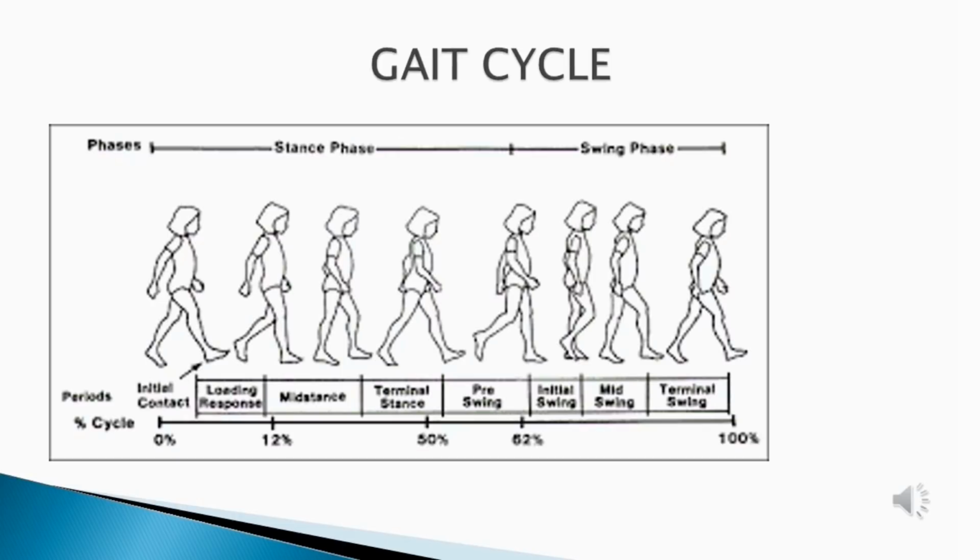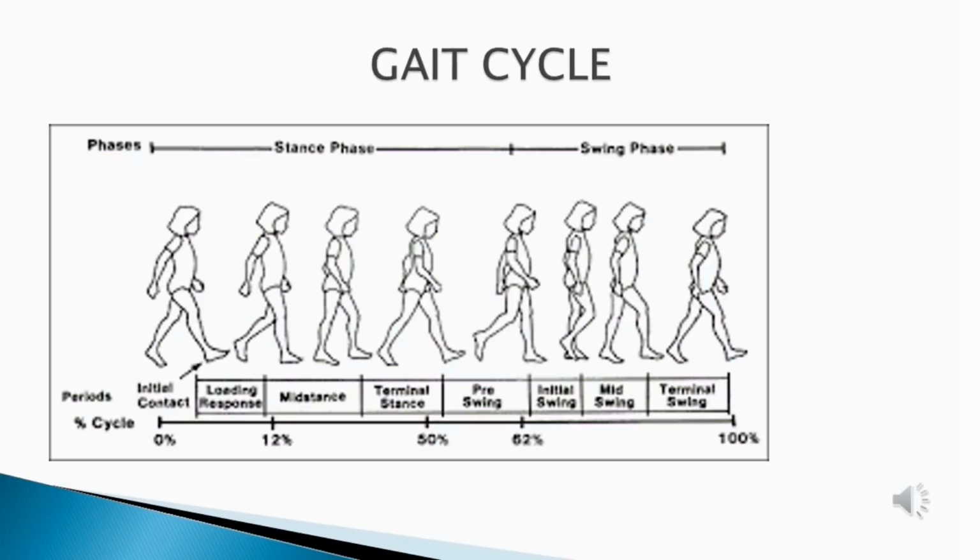We then progress to terminal stance and then pre-swing, which begins the initial swing, where the right lower extremity accelerates forward, through to mid-swing, which begins the deceleration of the right lower extremity, and then into the terminal swing phase of gait, where we approach heel strike of the next gait cycle.